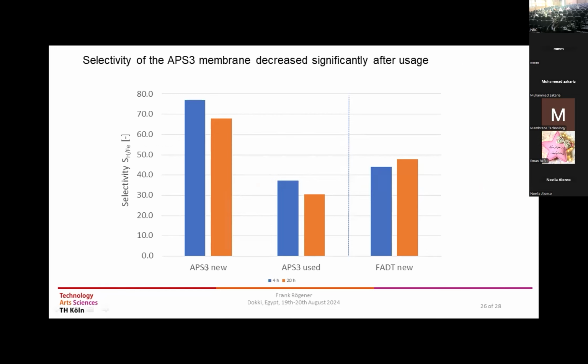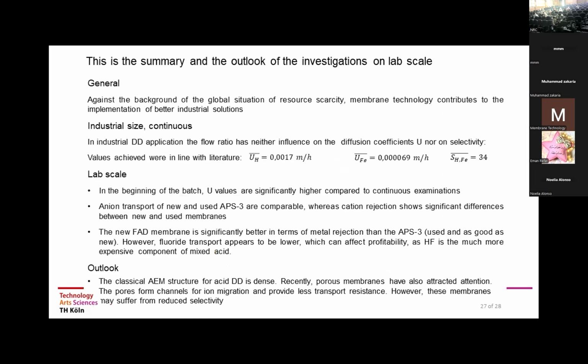It was an APS3, a new and a used one. After 3 years in operation, we could see that the transport properties changed over time for the negative ions. And this was a new membrane from Fumatech that showed lower separation values when it was new. So the question is, how will it behave in the long term?